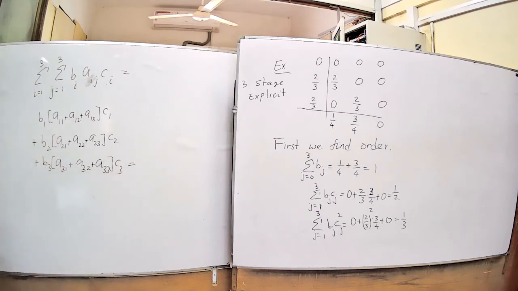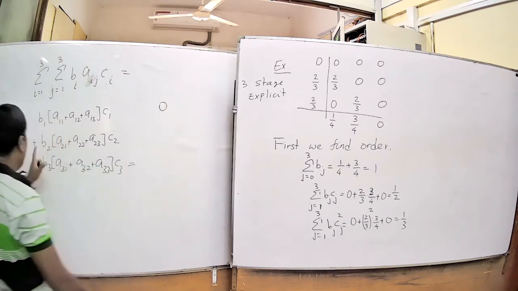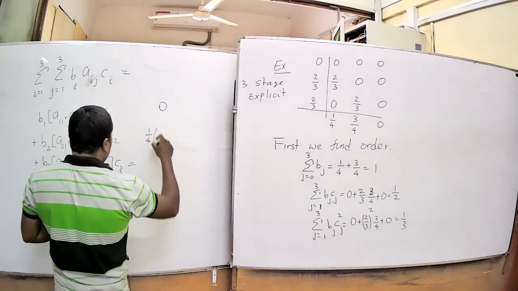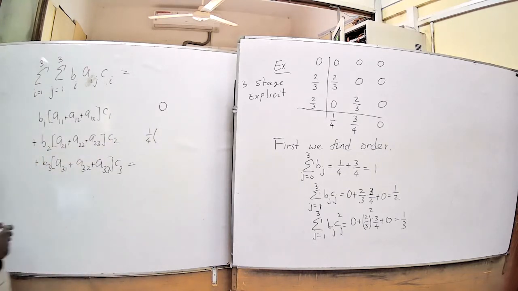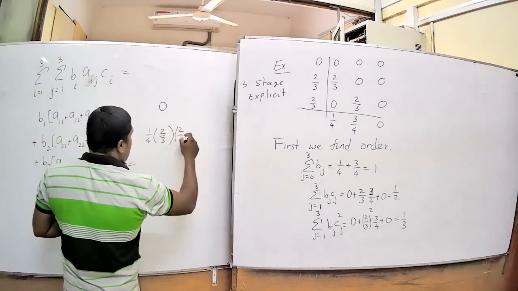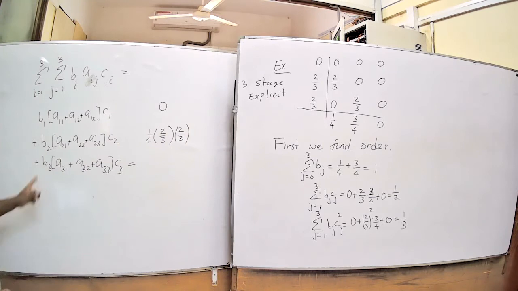So this is what you will have, right? So in this case, you know that this turned out to be, right? B1, C1 is 0, so this is 0. Here B2 is this 1/4, A2,1 so it's all 2/3, and then C2 is 2/3, and then B3 is 0, so this is 0.